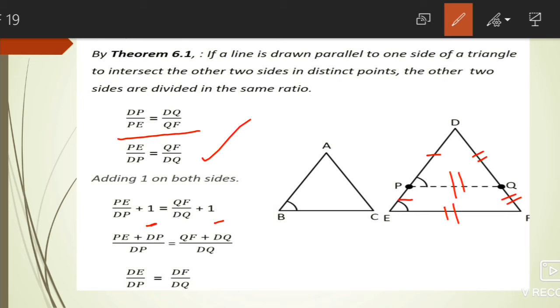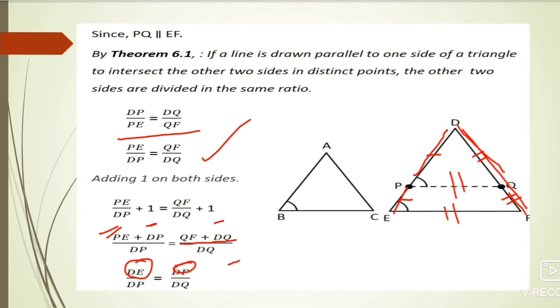If you do the addition, you will get PE plus DP, which means the whole DE, and QF plus DQ, which means the whole DF. So you are getting DE by DP is equal to DF by DQ.